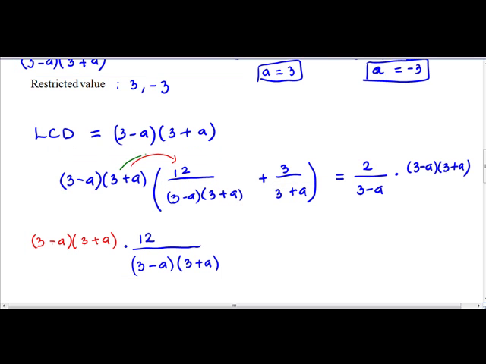Then I take this times this term. Equal to this side here. I just copy everything down.